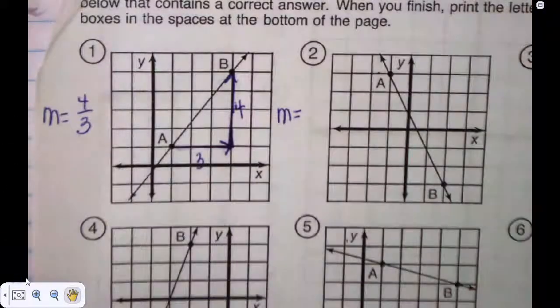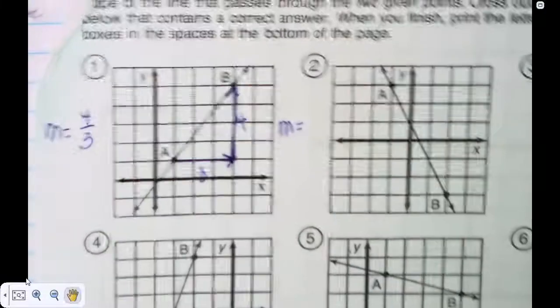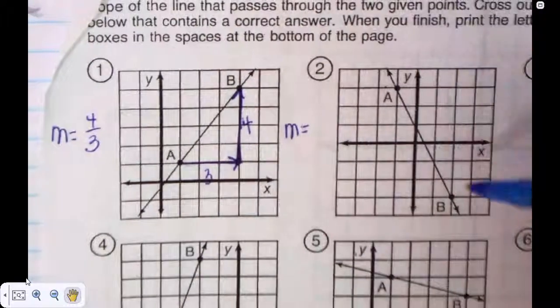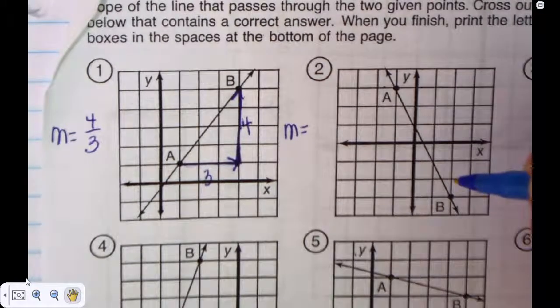Page 153 at the top. Okay, you should have page 153 out. We're on the back of page 152. We're on page 153. We're checking where we found the slope. So number 2, some people did not get this memo last week.